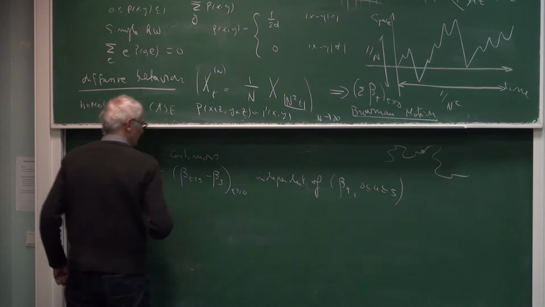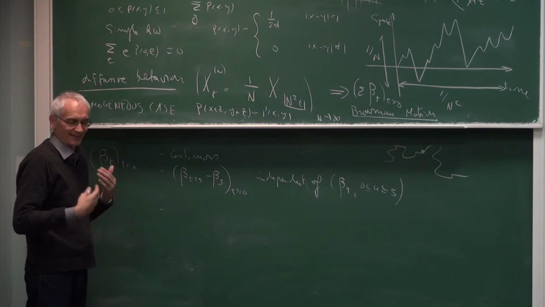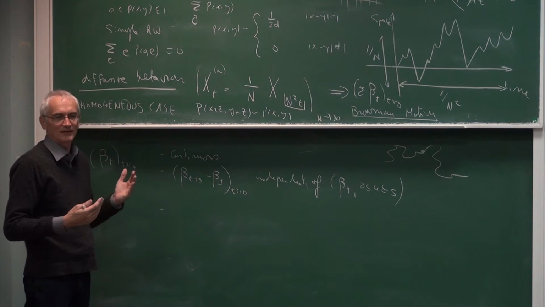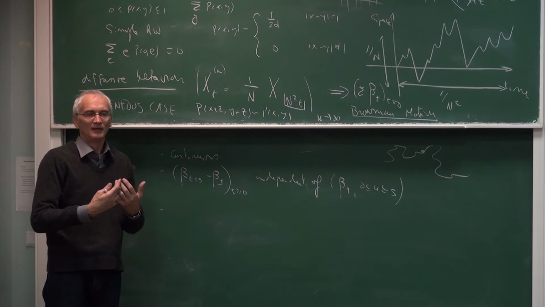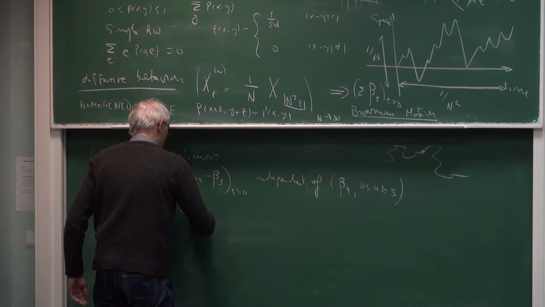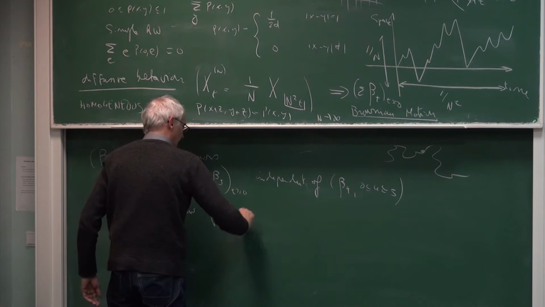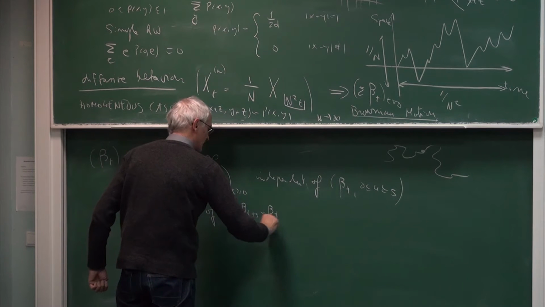And finally, what is important for Brownian motion, you know that a stochastic process, any random process, depends on the distribution. So you want to know what is the distribution. So what is the law? The law is Gaussian of, let's say, an increment, beta t plus s minus beta s.